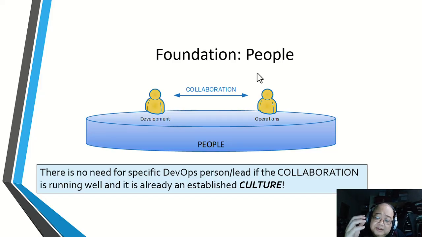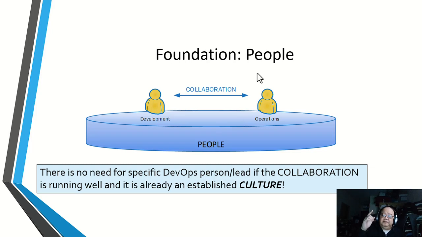So the availability of people is there, but the collaboration is not there. The communication is not there. So you have the people, but the collaboration is not there, so you don't have good DevOps. That's simple, no matter what tools and what process you use.